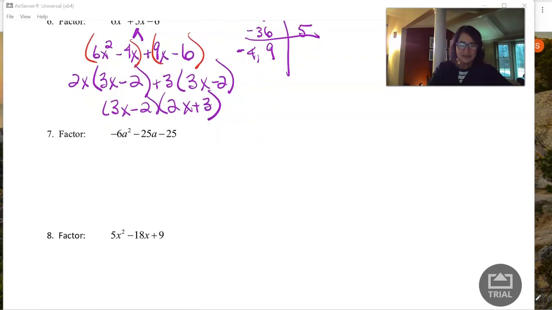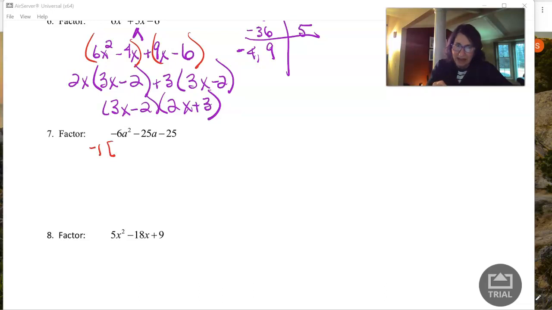Look at number 7. Number 7 is interesting because our leading coefficient is negative. That is never a good thing. So I am going to go ahead and factor out a greatest common factor of -1 just to get us started. So we've got a -1 that comes out.